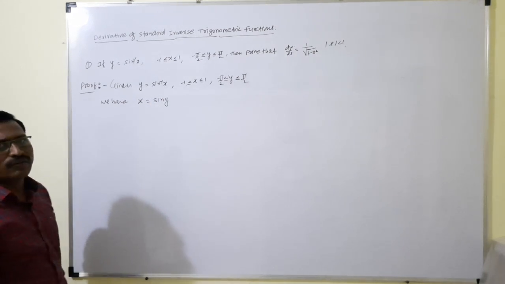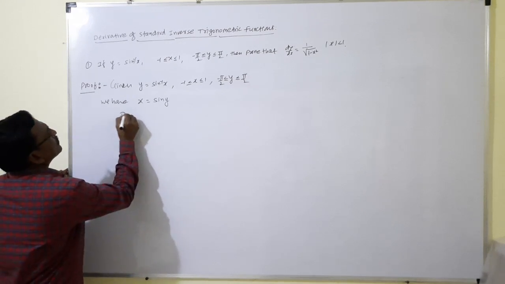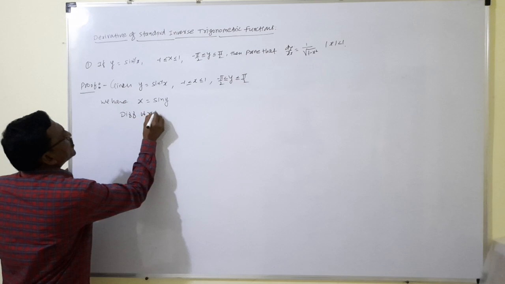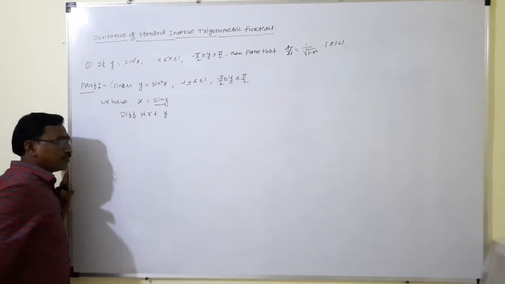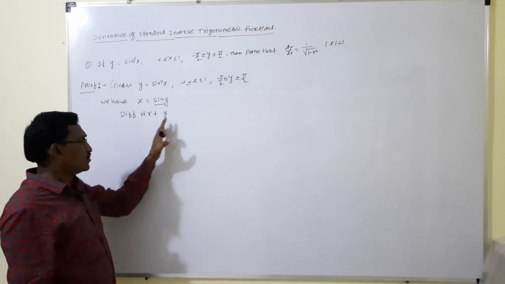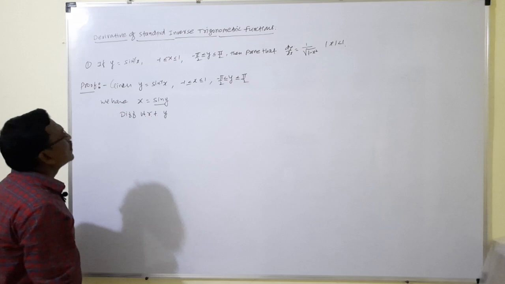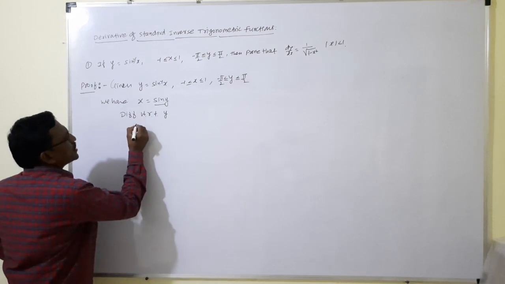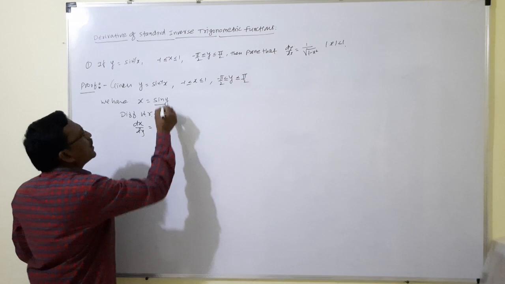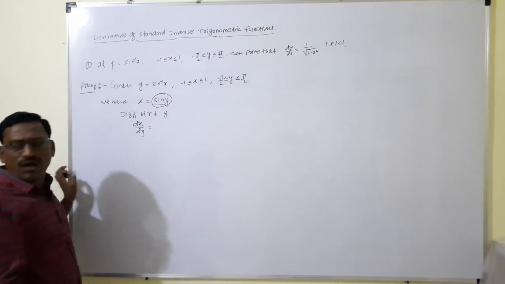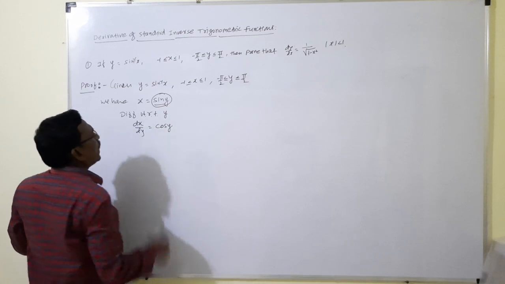Differentiate with respect to y here, because in the trigonometric function sine the variable is y, x in terms of y. So the derivative of x with respect to y, dx by dy, is equal to the derivative of sine y with respect to y, which is cos y.